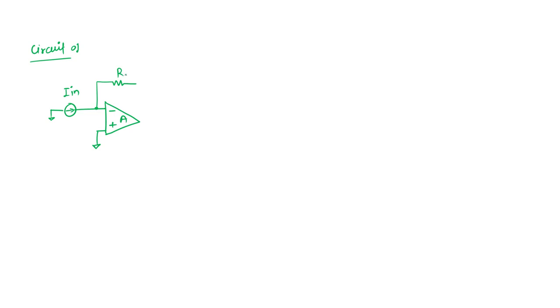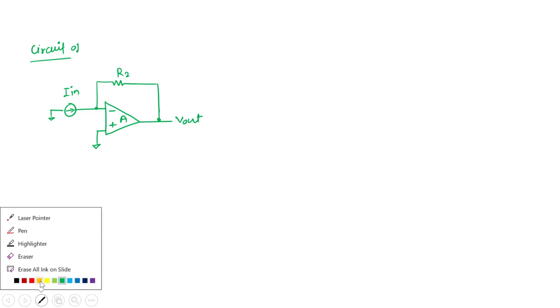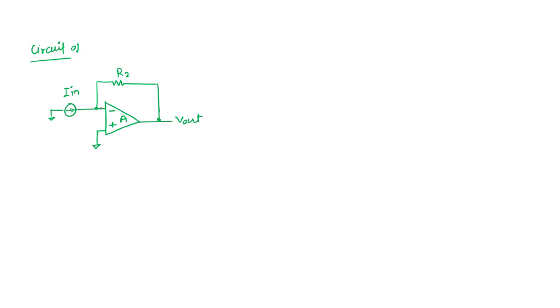We will use some resistor here that I call R2, and this R2 will give me the V out, simply because this current will follow the path. If there is no current going inside this amplifier, which is actually the case because the input impedance is too high, then the complete I in goes this way.